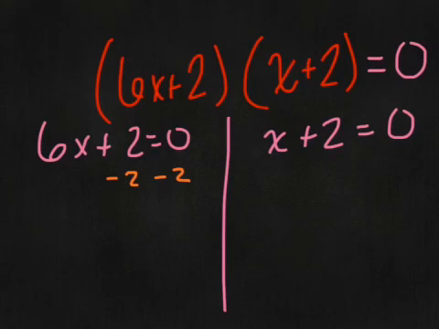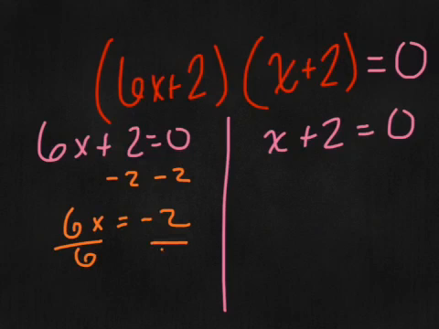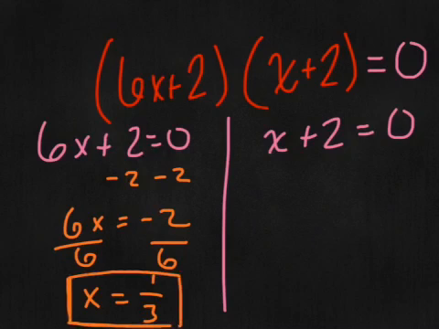Minus 2, 6x equals negative 2. Divide by 6, x equals negative 1/3. For the graph, what that would mean is that at negative 1/3, it would cross the x-axis. We can do the same thing over here. Minus 2, x equals negative 2.